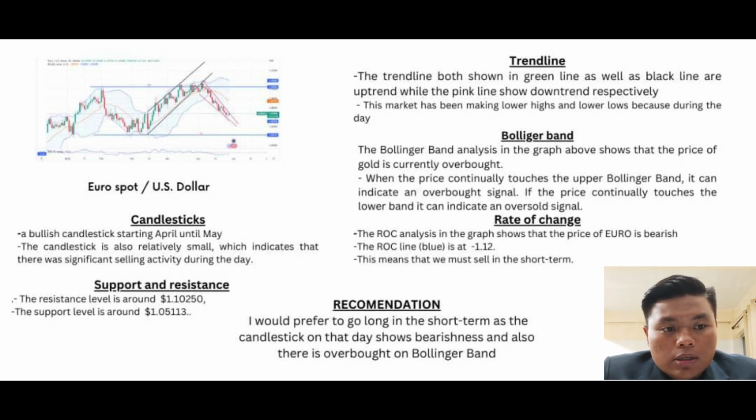When the price continually touches the upper Bollinger Band, it can indicate an overbought signal. If the price continually touches the lower band, it can indicate an oversold signal. This is a good time to buy Euro USD, as the price is likely to increase in the short term.